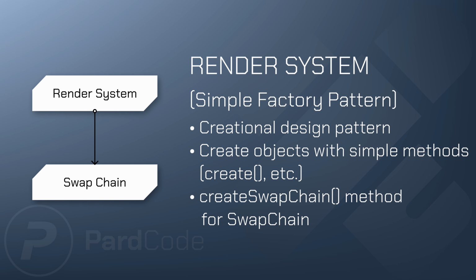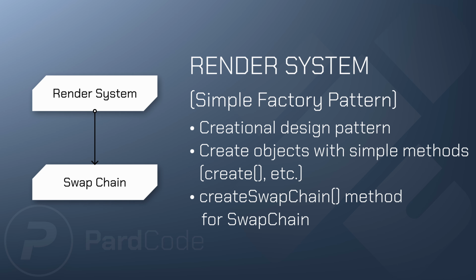The factory pattern is a creational design pattern that provides a way to create objects without specifying their exact class types directly. Instead of creating instances manually using makeUnique, makeShared, or similar functions, we let a factory class or method handle the creation. In this case, we will delegate the responsibility of resource creation to the render system, treating it as a factory for all graphics related resources.